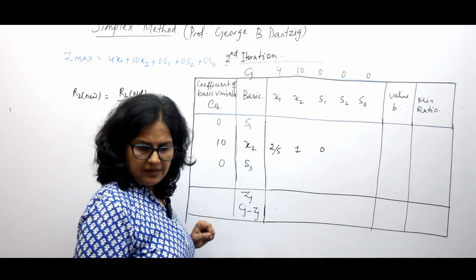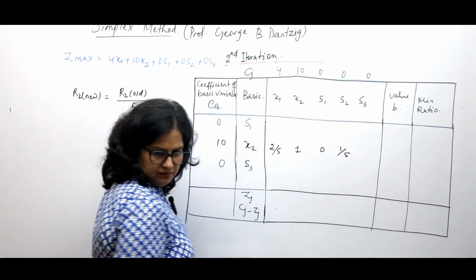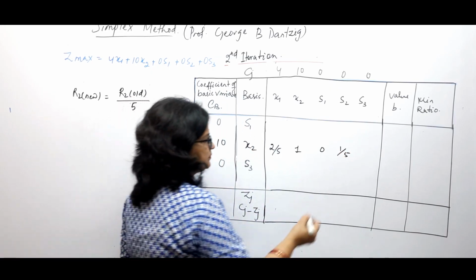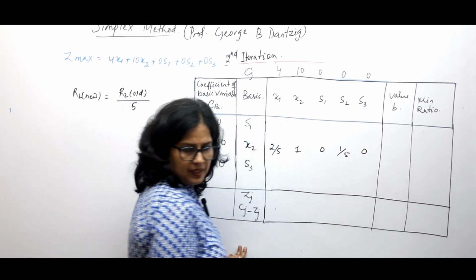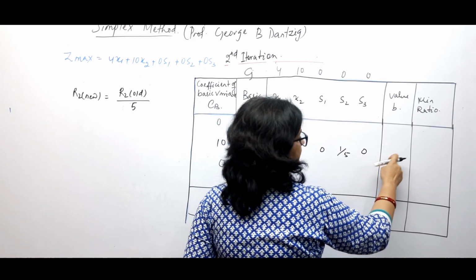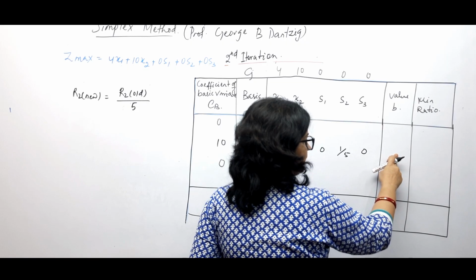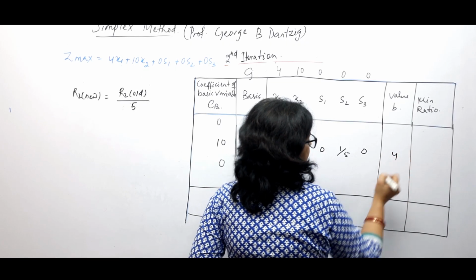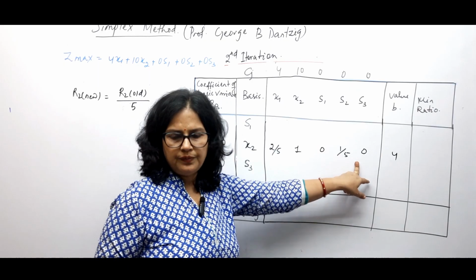Then we are having 1. 1 divided by 5. Then we are having 0. 0 divided by 5, 0. So now we are here. We are having 20. 20 divided by 5, we can make it 4.